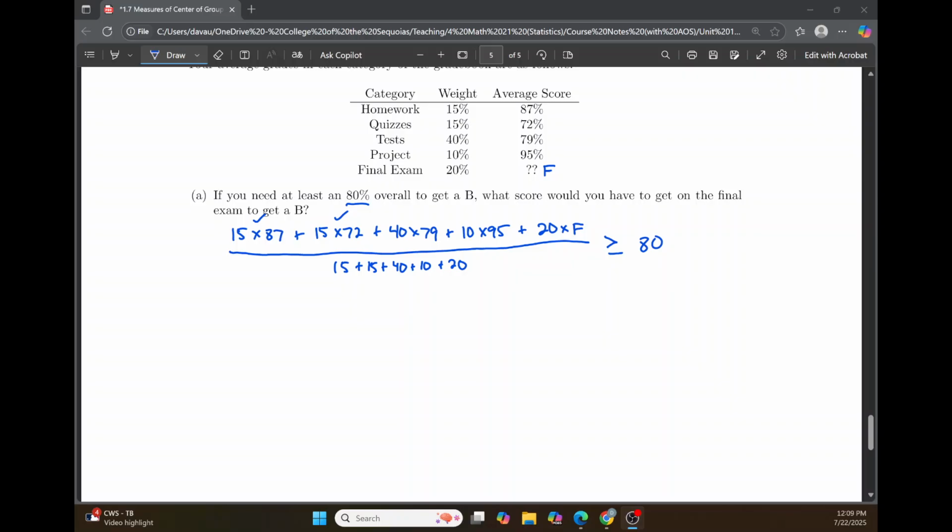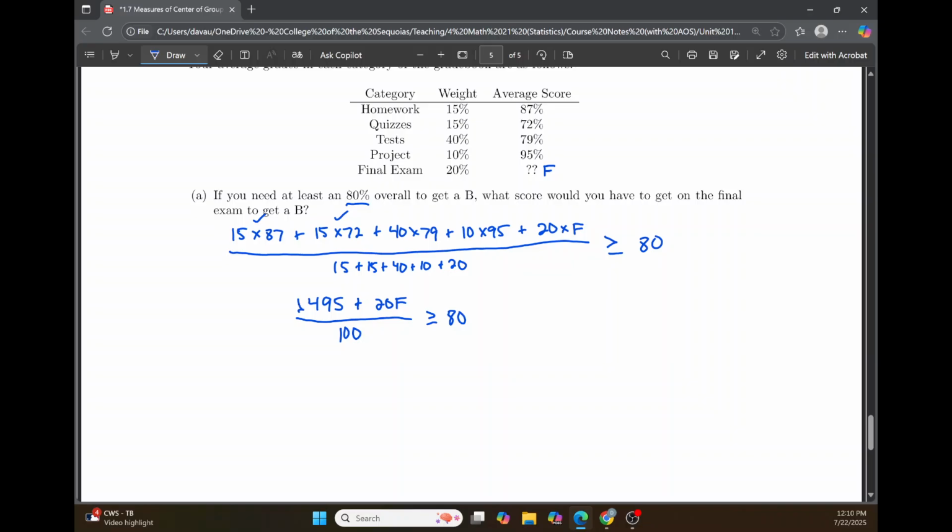So we've got 6495 plus 20 times f. And then the denominator, I can also combine those like terms. 15 plus 15 plus 40 is 70, plus 10 is 80, plus 20 more is 100, just like we thought it should be, okay? And we need this to be greater than or equal to 80.